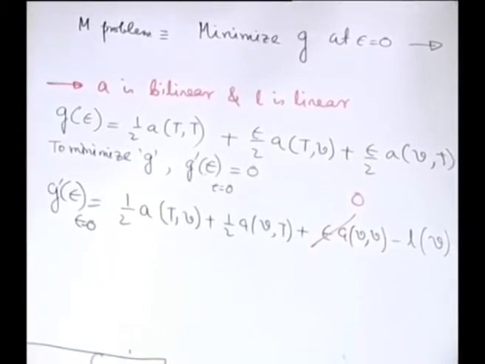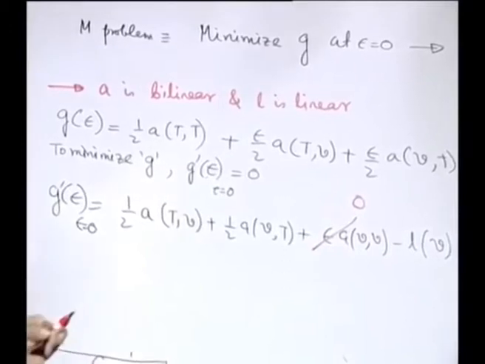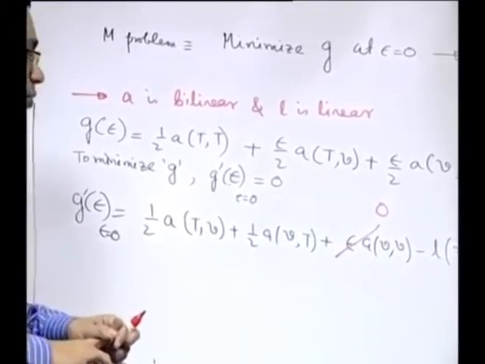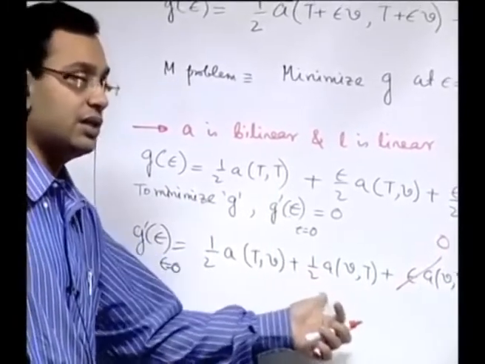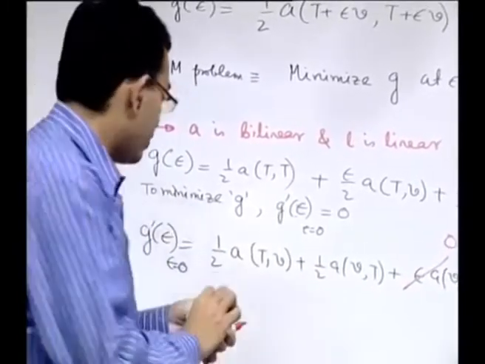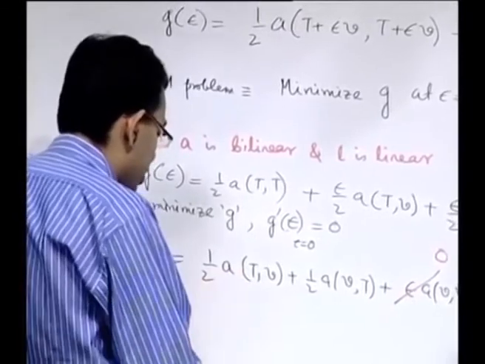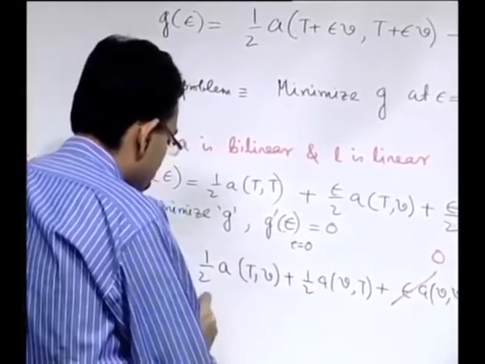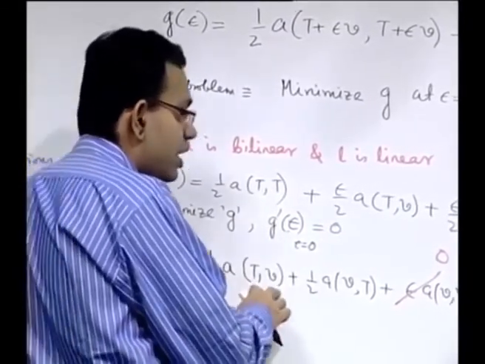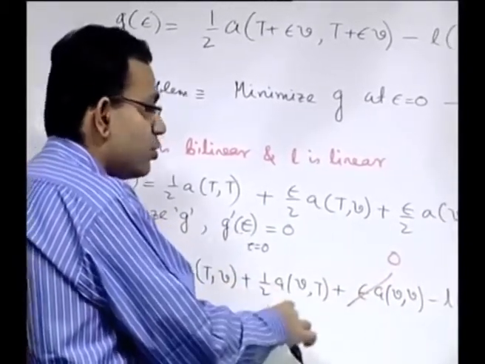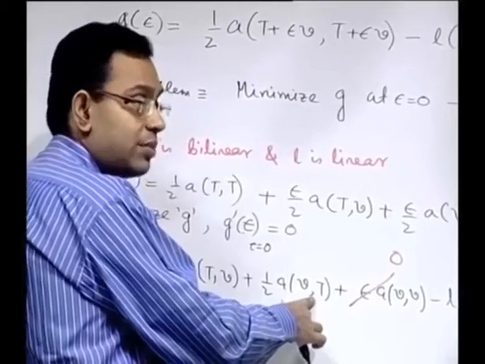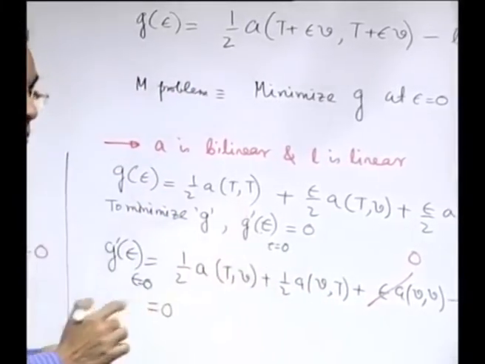You can see that from this we are desperate to get back the V form. How can we get the V form? If ATV was same as AVT, then this would have been, so for minimization of this is equal to 0. So that would have given us ATV equal to LV provided ATV equal to AVT. That means A is a symmetric operator.